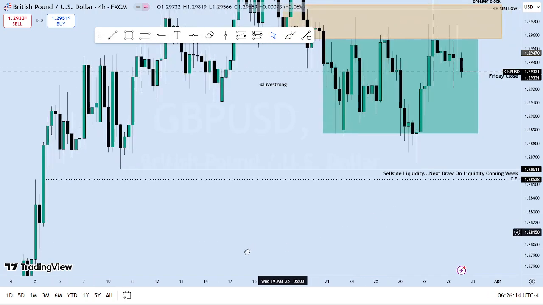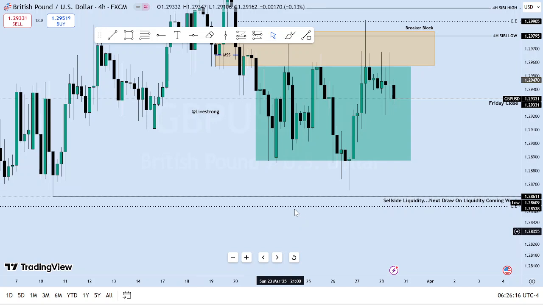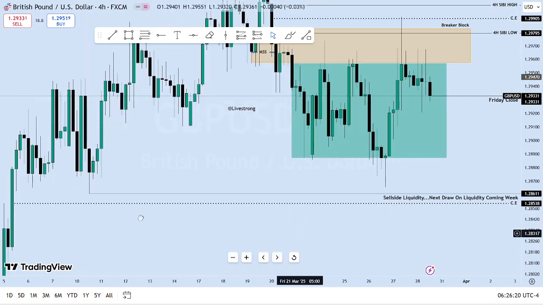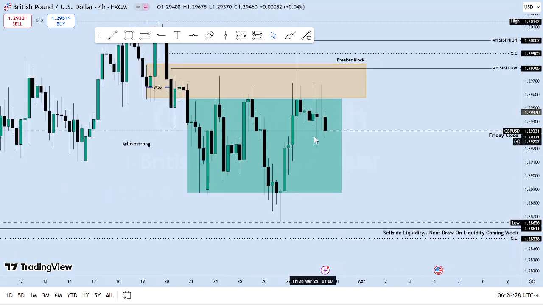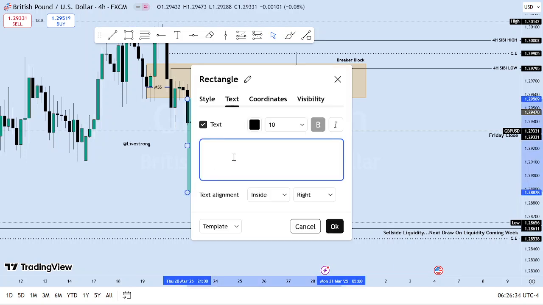So coming week we are anticipating a price delivery at this CB, consequent encroachment, then this sell side liquidity to be swept. That should be our target coming week for a manipulation phase. This consolidation, that is time distortion, this consolidation phase.